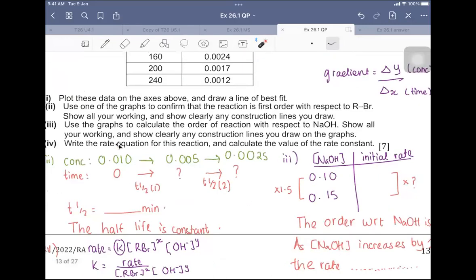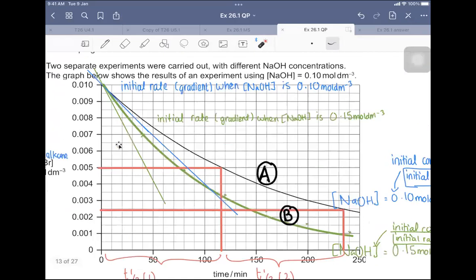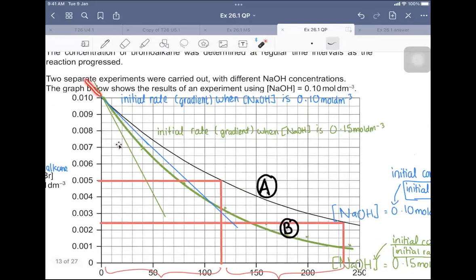We need the rate, which is already found here. Please do not repeat the calculation of the rate. We just use the initial rate value. So if you are using the initial rate, that means the concentration of bromoalkane is also at initial, which is 0.010 for your bromoalkane.